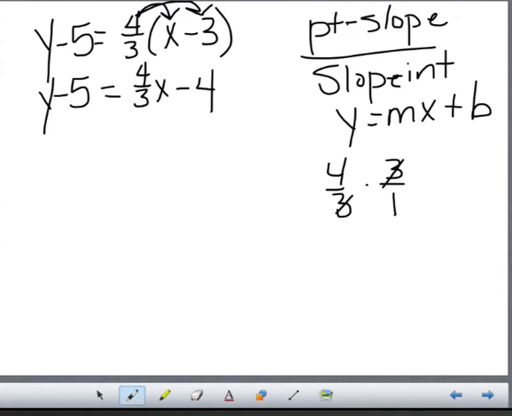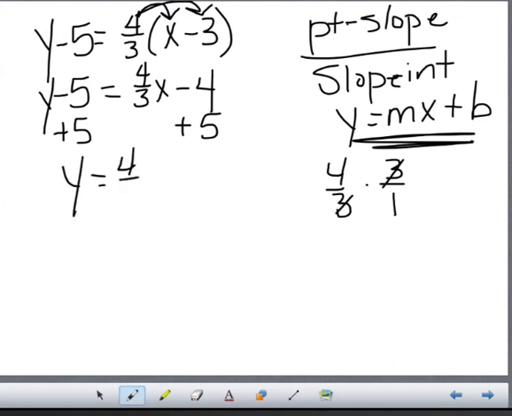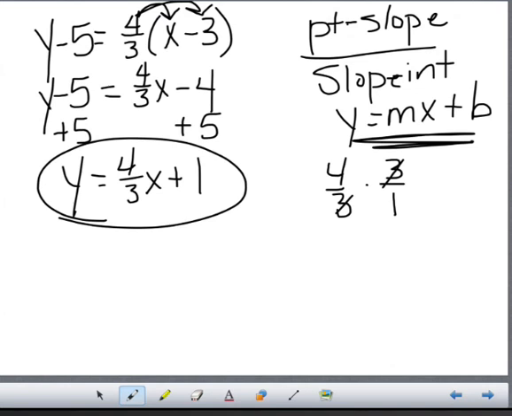So I've got to get the y by itself. So let's just add 5. Always look at what you're trying to get to. So y equals 4/3 x plus 1. Am I in slope-intercept form? Yes. So I am done. y equals 4/3 x plus 1.